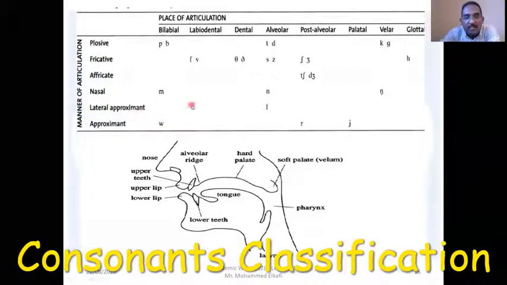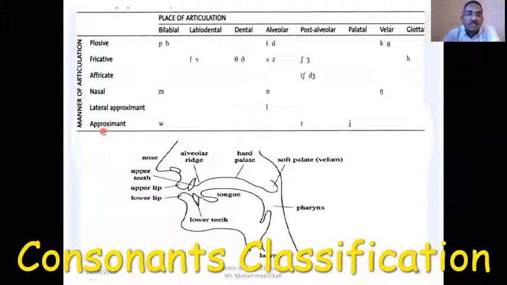The lateral approximant is la, only la, known as lateral approximant. Approximants are three consonants: wa, ra, and ya. So we have three approximants.